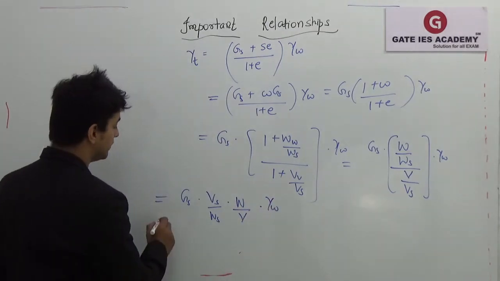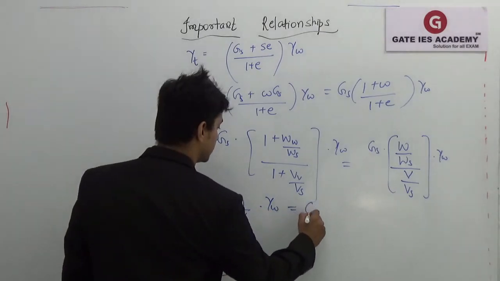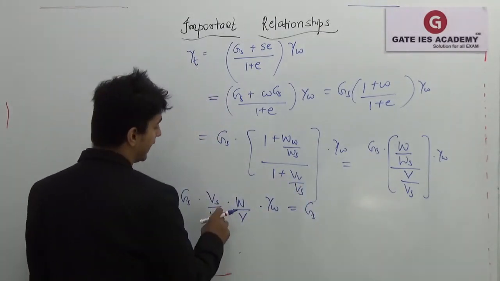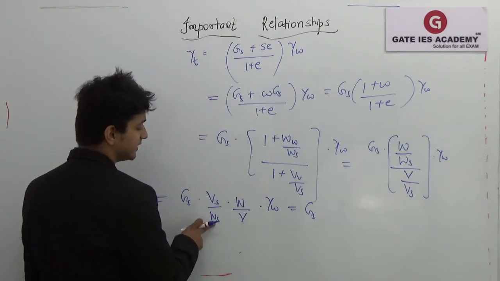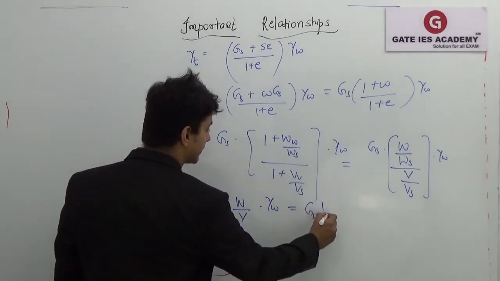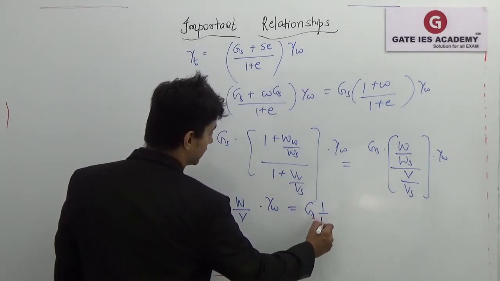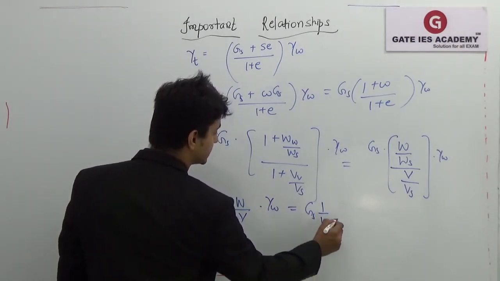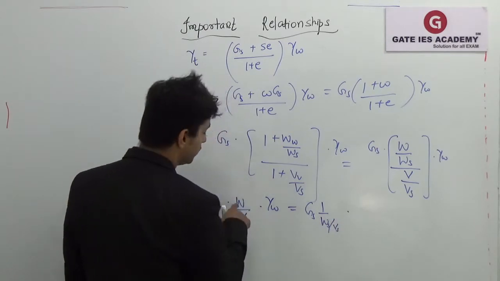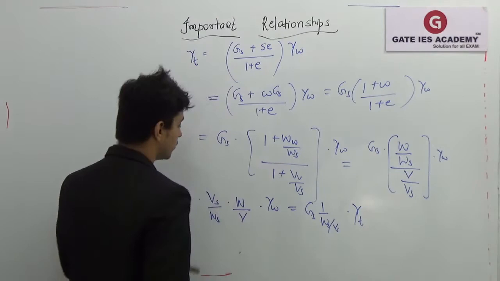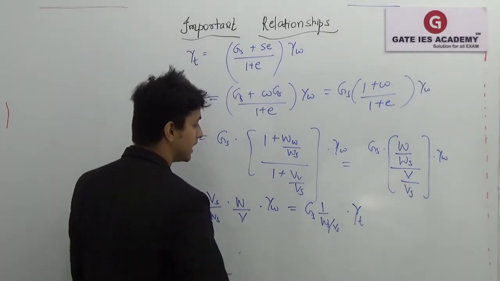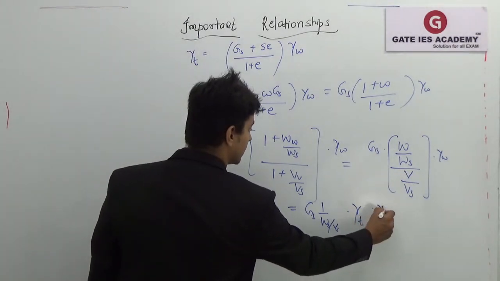Okay, so this will be nothing but equal to Gs, where Vs upon Ws; this Ws by Vs can be written as 1 upon Ws upon Vs into W by V. Whole W by V will be written as what? Total weight upon total volume is nothing but γt, into γw.